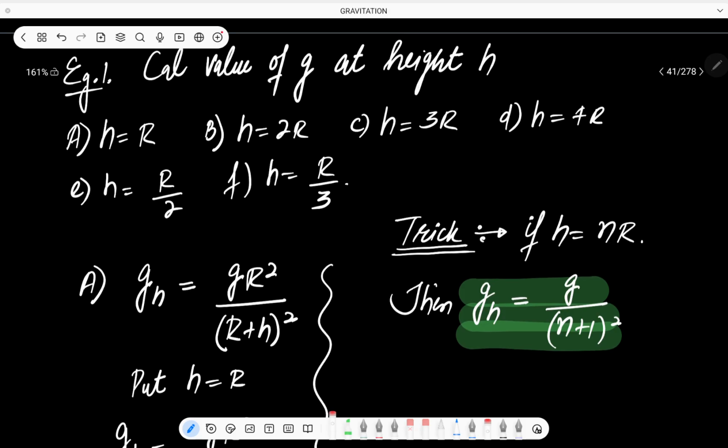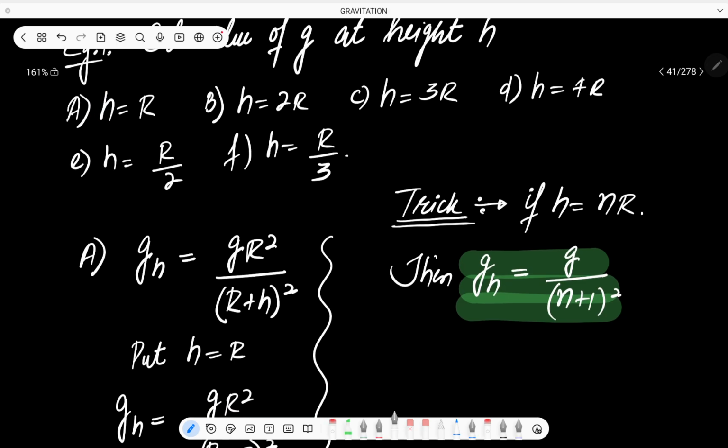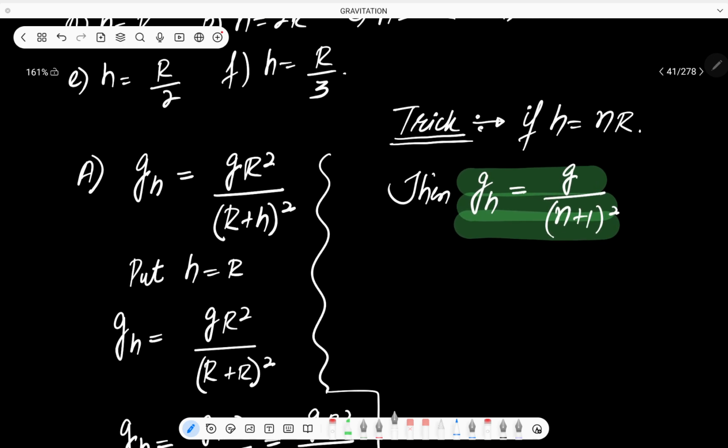Now have a look, my dear students, there is part A. What is given in part A? h is equal to what? Tell me, what is the value of n there? That is simply 1. So if you put n equal to 1, tell me, 1 plus 1 is equal to what? That is 2, 2 square is 4. So easily, in no time, we have calculated the acceleration due to gravity, which comes out to be g divided by 4.